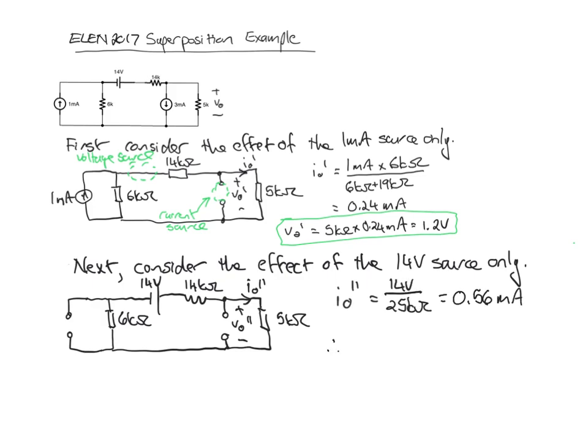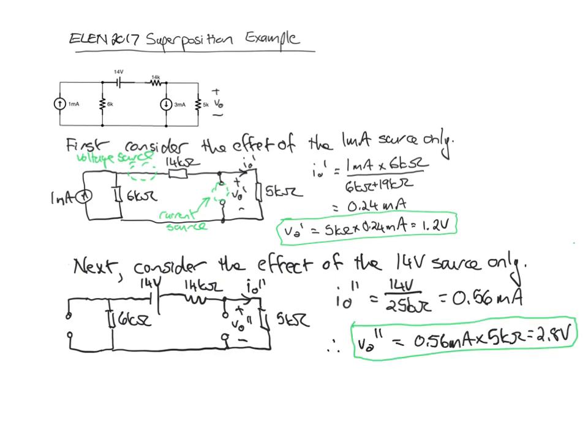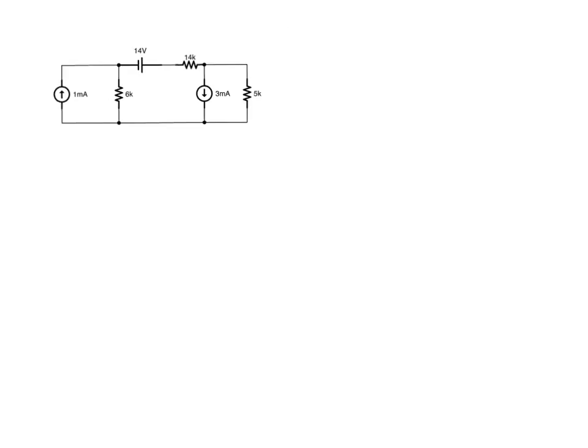So therefore VO double dashed is equal to the 0.56 milliamps times 5 kilo ohms, and that is equal to 2.8 volts. So that's the second part of VO.